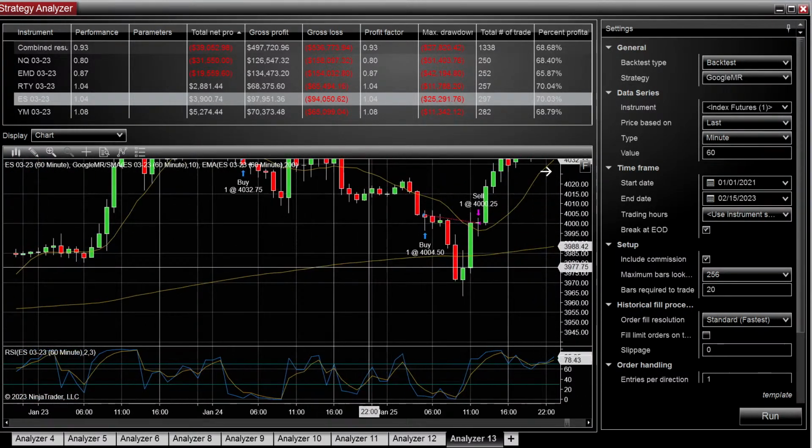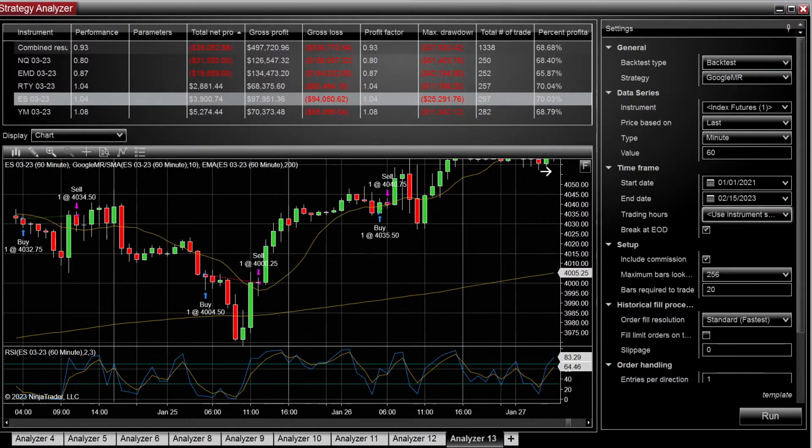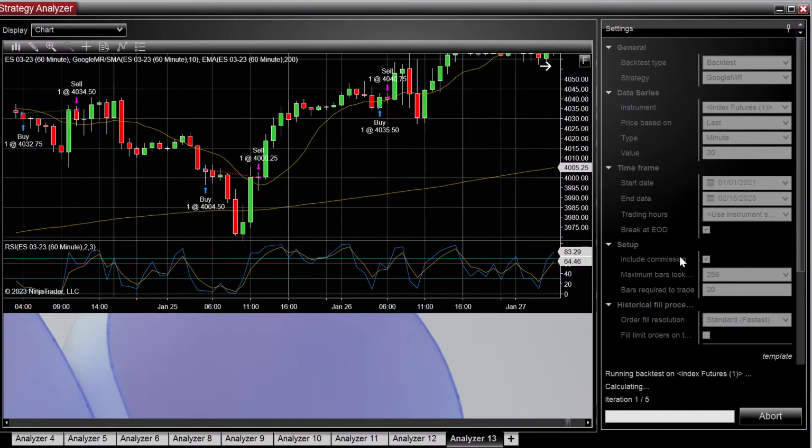So before we look at any more analysis, let's look at some different time frames. Right now, we're at negative 39,000 on the 1 hour. Let's check out the 30 minutes.